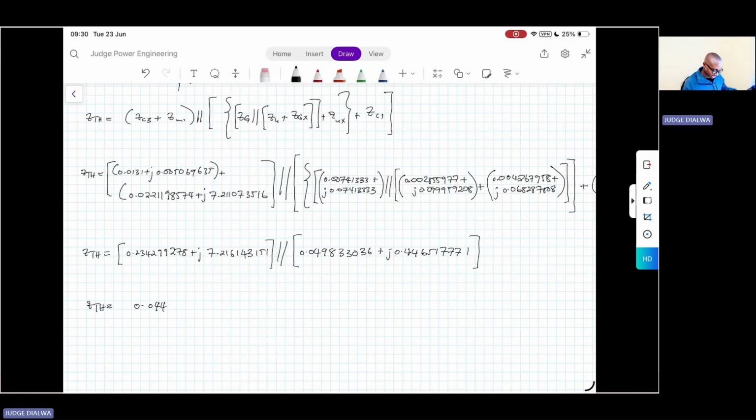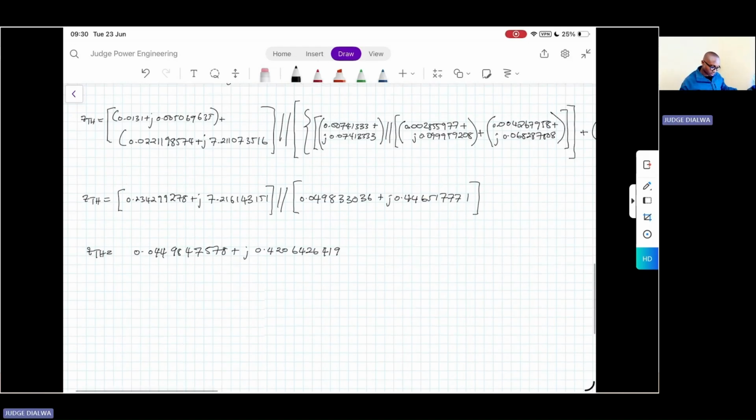One mistake with these numbers, it just destroys everything. So you might also want to be careful with that. So 0.0449847578 plus j 0.4206426419.